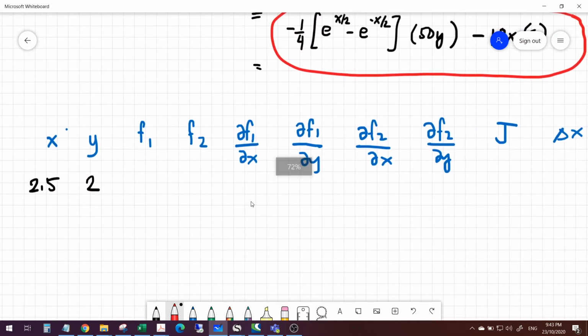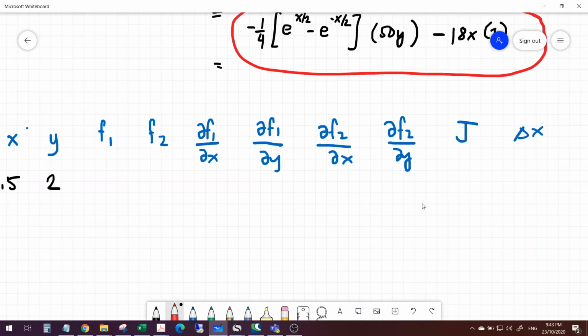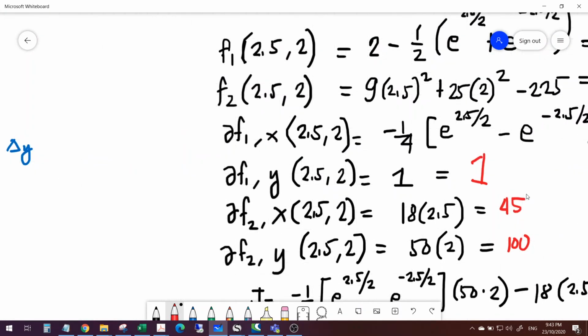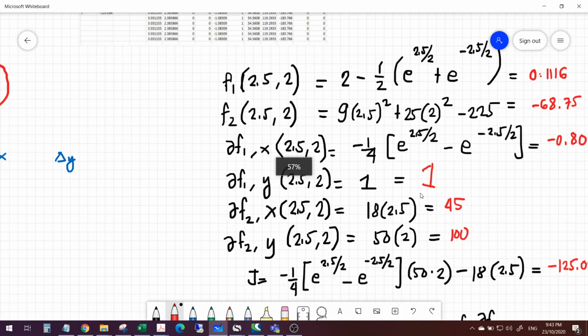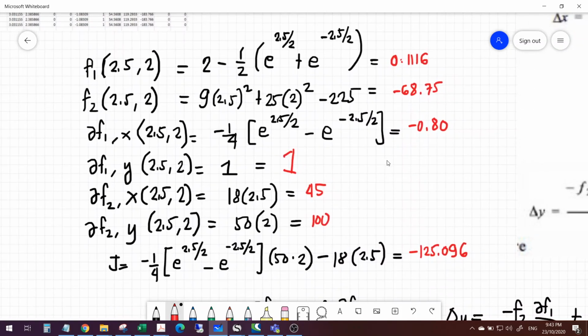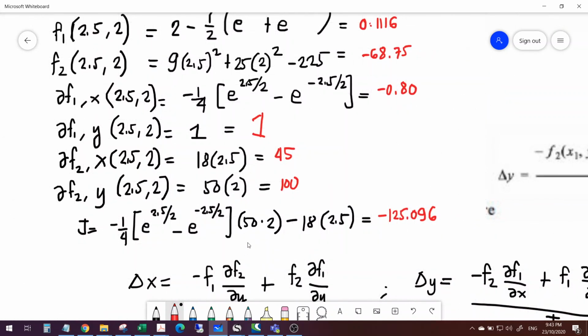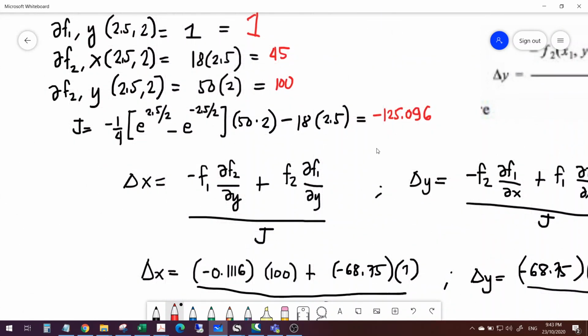Our initial x and y values are 2.5 and 2, so we simply substitute those in our formulas here: the f1, the f2, the df1 dx, df1 dy, df2 dx, and df2 dy, and then the Jacobian, and then finally the delta x and delta y.